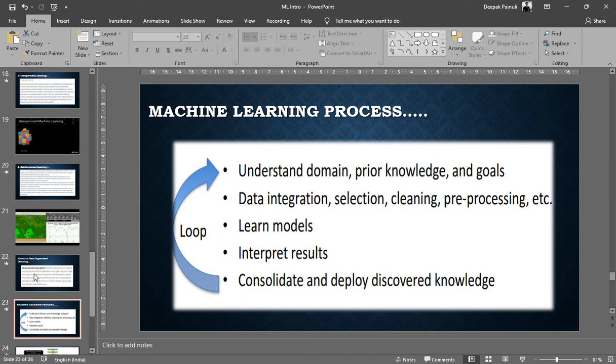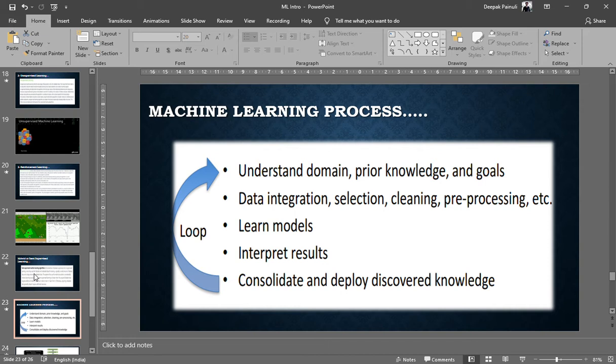If I am trying to build a model for cancer classification, I need to be aware of cancer-related information, like how cancer looks in the images, and so on.